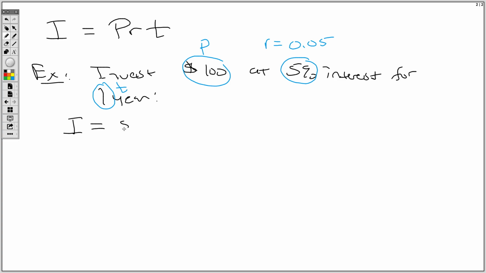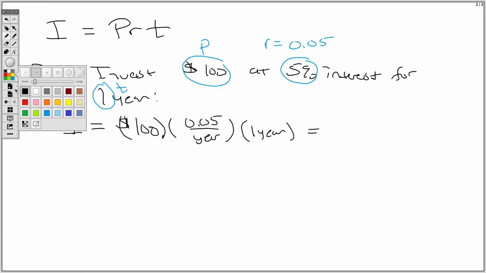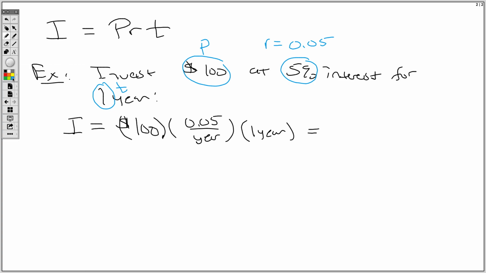So that would be $100 times 0.05 per year times 1 year. And you see all of these units here are going to cancel out except the dollars. I get $5 in interest. Okay?